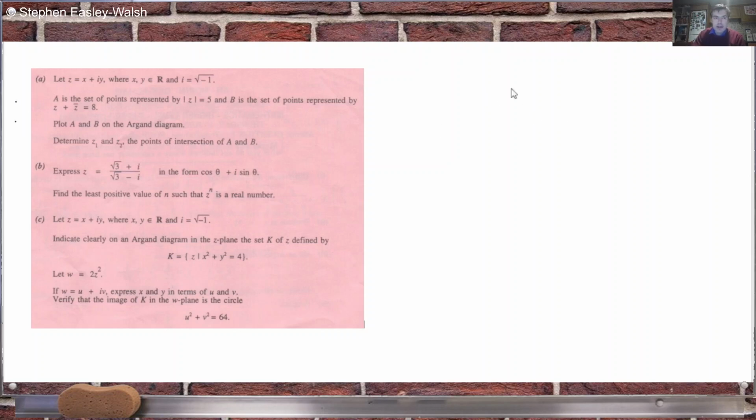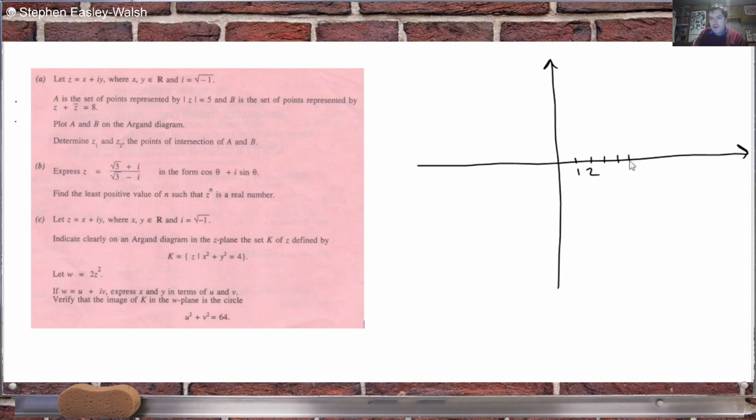So let's see now. Maybe 1, 2, 1, 2, 3, 4, 5, 6, 7, 8. That's a little too close together. We'll make that 10. 5, 1, 2, 3, 4, 5, 6, 7, 8, 9.